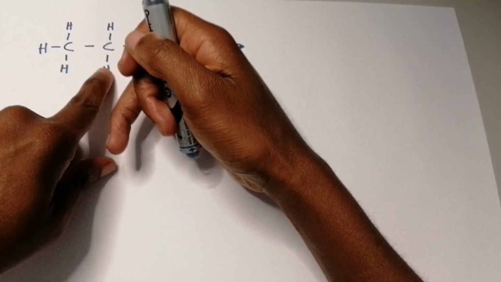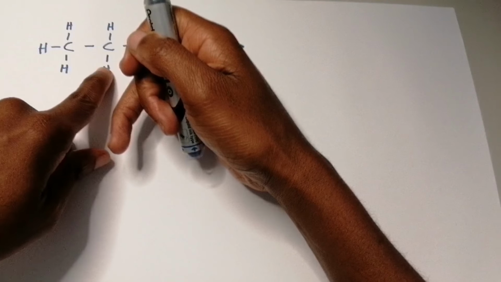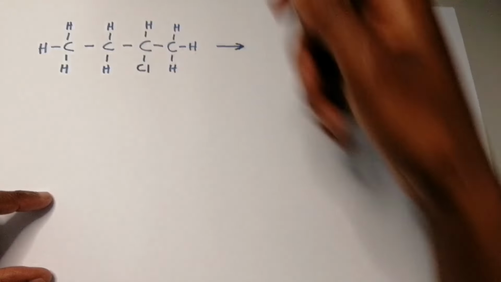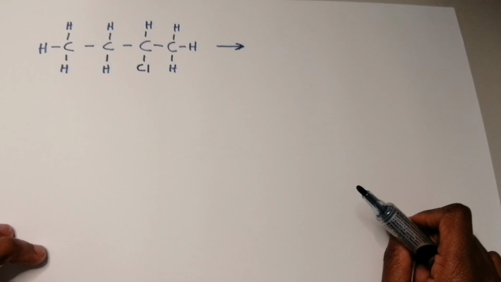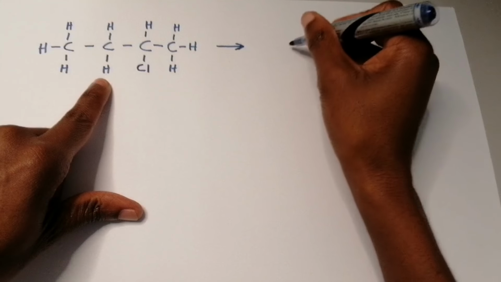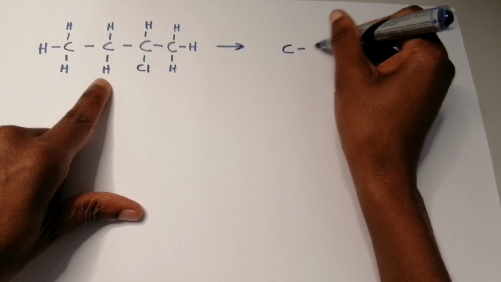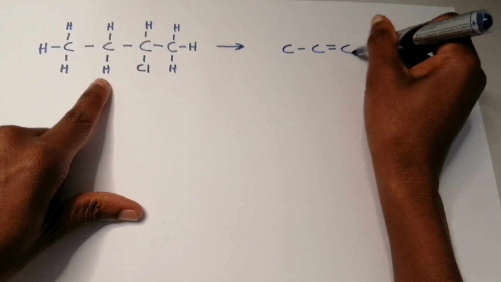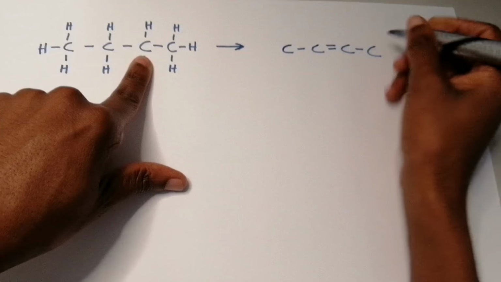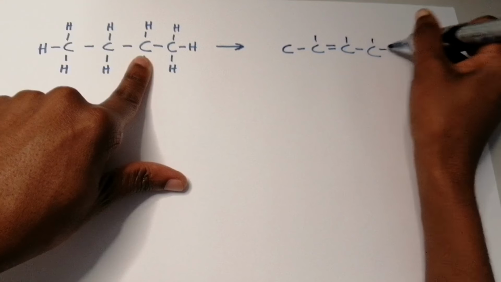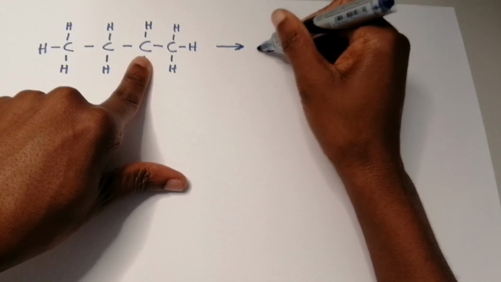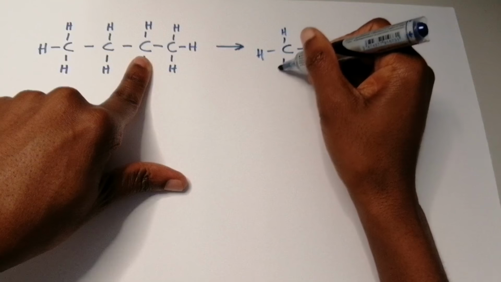It has 2. So according to Zaitsev's rule, the one that has a lesser number of hydrogens will tend to forfeit its hydrogen. Definitely this one has a lesser number, so the major product will form by removing this hydrogen here and that chlorine there. Remember, everything else stays exactly as it is.